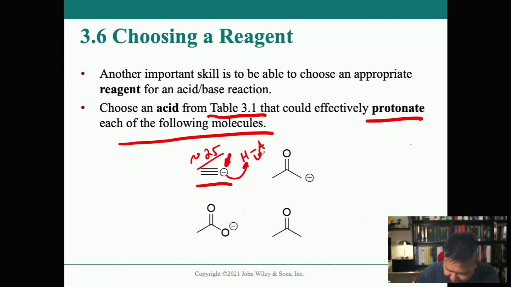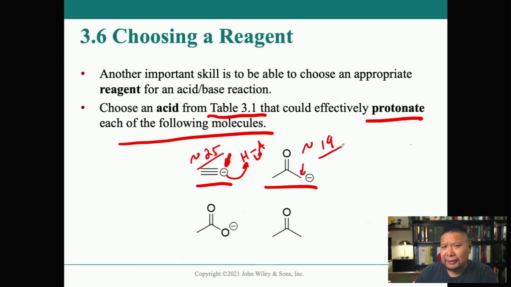Same is true of this over here. This is actually an acetone anion, or an acetone with a carbanion on it. And again, these methyl groups right here need their protons. They love their protons. I think this guy has an approximate pKa of about 19.